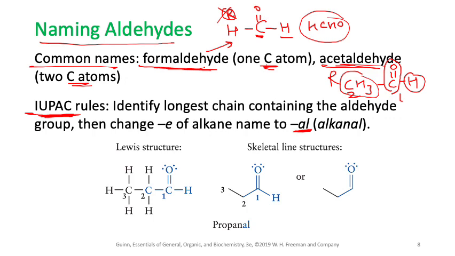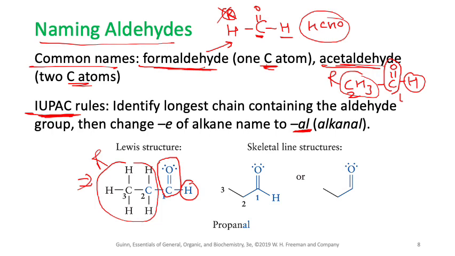So let's take an example. Let's try to name this structure. The time I see a carbonyl group, with a hydrogen attached to the carbonyl group and the other group being an R group, I know this is an aldehyde group, and this organic compound is an aldehyde-containing organic compound, right?